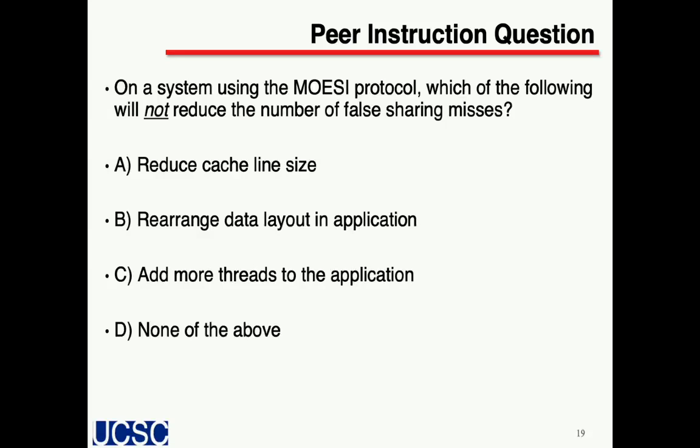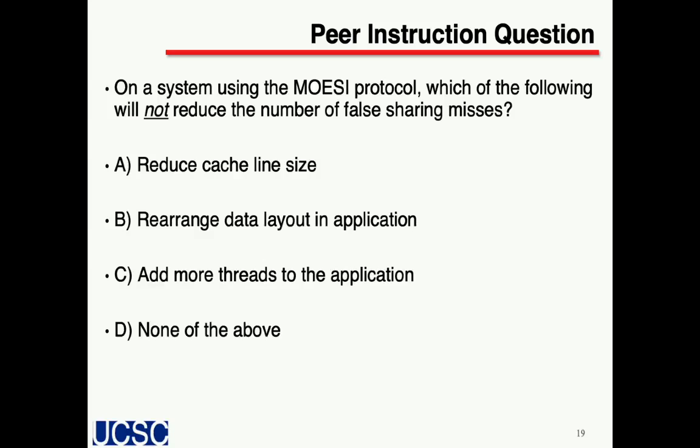It could be the case that with more threads, you're not going to increase the amount of data in the application. So there's going to be more interactions between cores. Now, it could be the case, as you suggested, that perhaps data that before was accessed independently is now going to be accessed, and so that could cause true sharing.